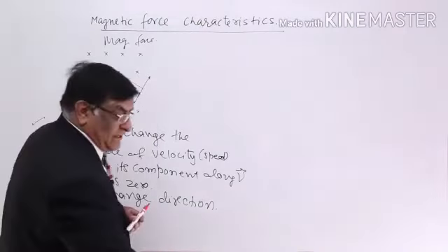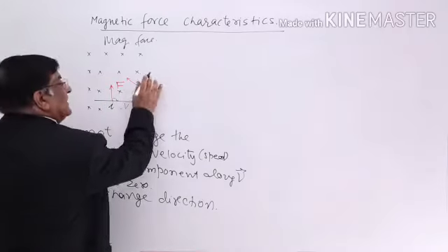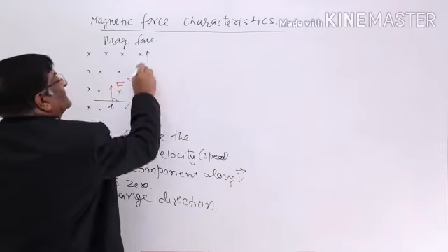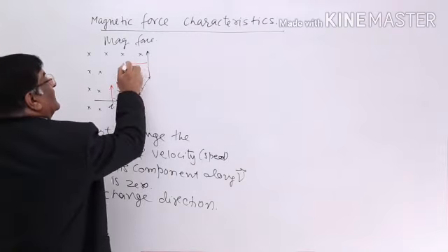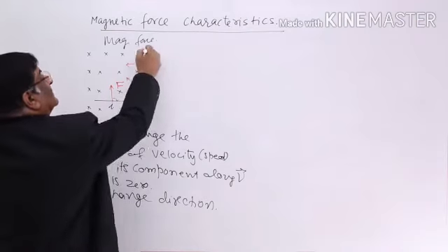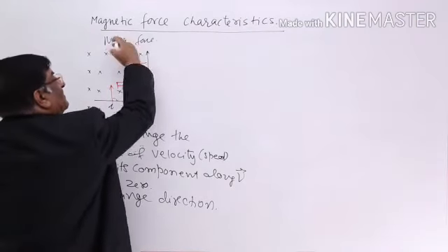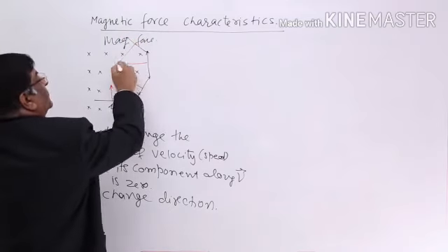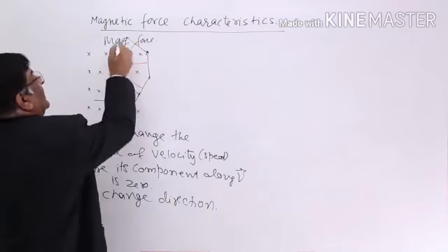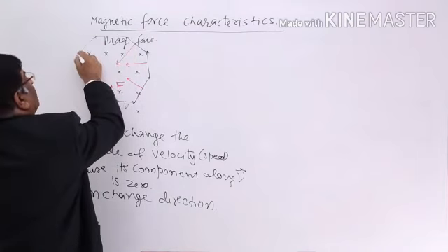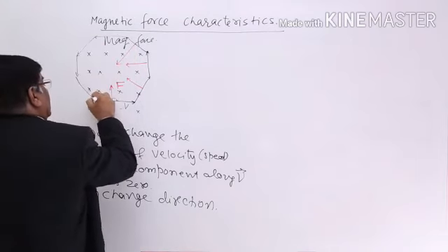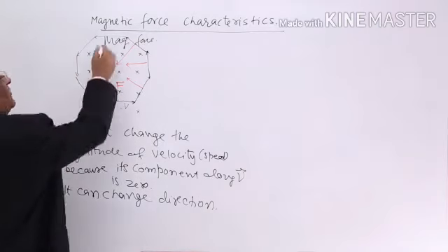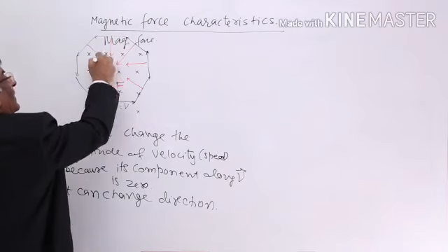Because the charge is going here, there is a force here, it will turn and become like this. Then the force will be at right angle to this. If it turns like this, because of this force, it will bend like this, and the force will always be at right angle. In this way we find velocity will turn, and again go here. And force is always at right angle to velocity, always.